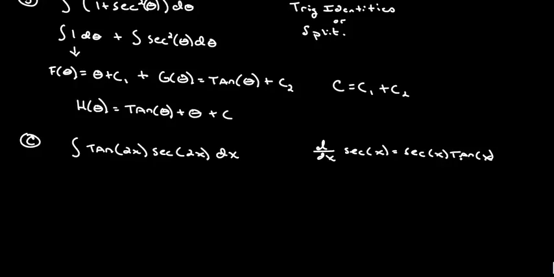Well, I see tangent x and secant x in here, so its antiderivative is going to lead us back to here. The problem is it's not just x, it's 2x inside. So to make it look like this, we're going to make a substitution.